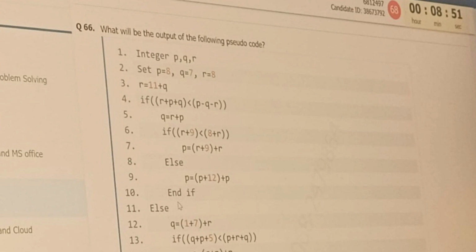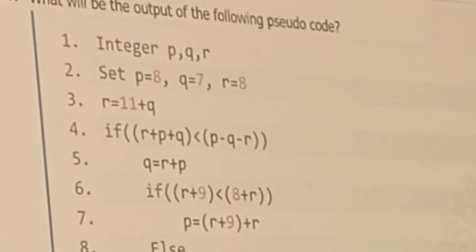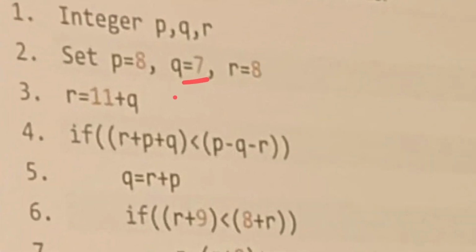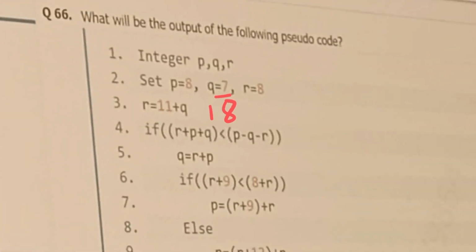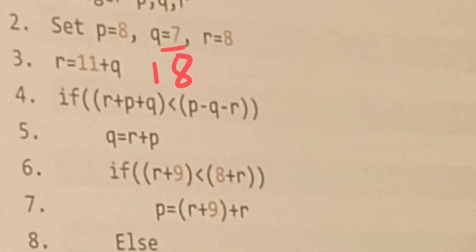Okay, so the value of r will be 11 plus q, that is 18, because the q value is 7. Now we are checking if r plus p plus q is less than this value. So p plus q plus r means 8 plus 8, that is 16, plus 7, that is 23.